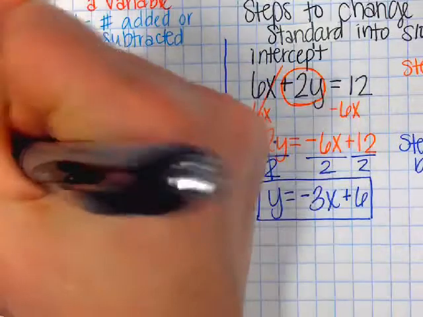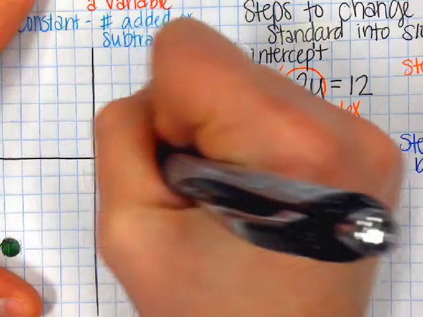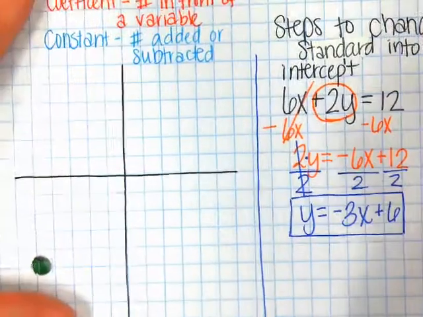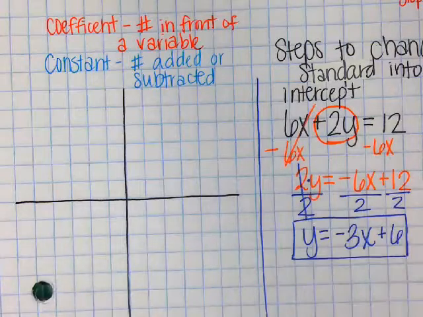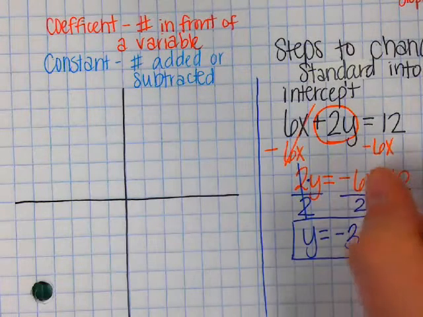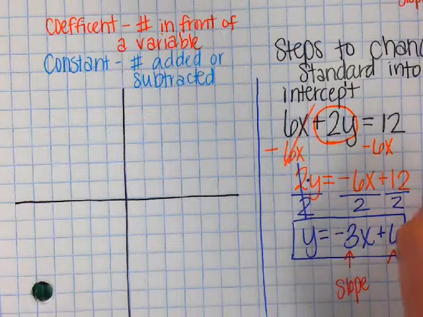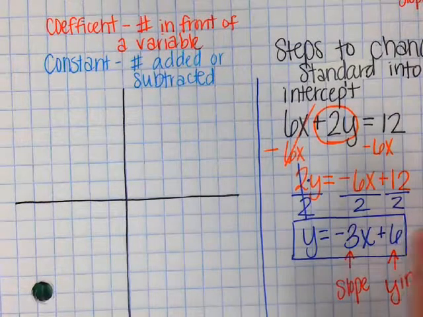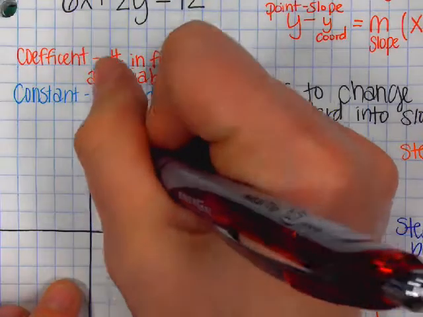Let me try it. Remember, the whole reason we changed it into slope-intercept is so that we could see the slope and the y-intercept. So negative 3 is my slope, 6 is my y-intercept.